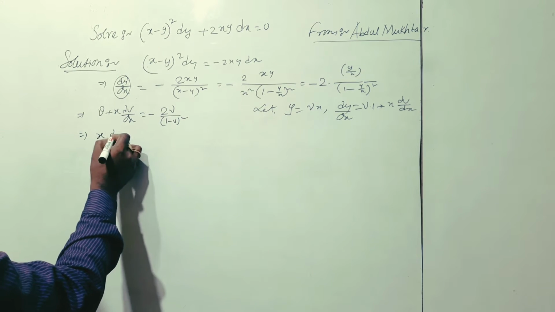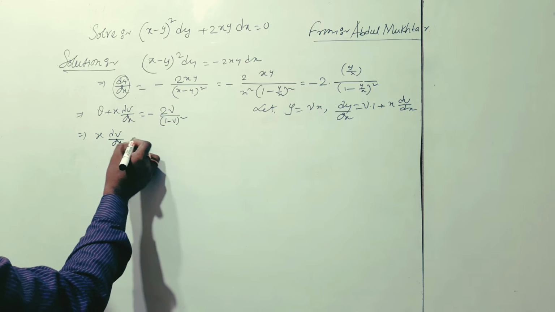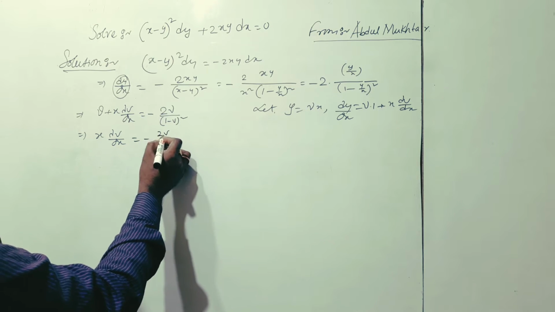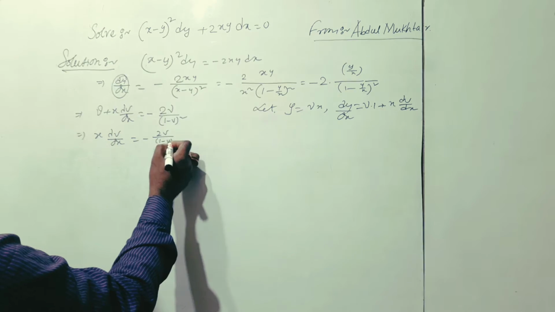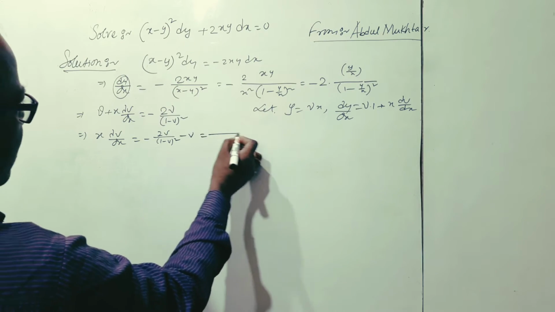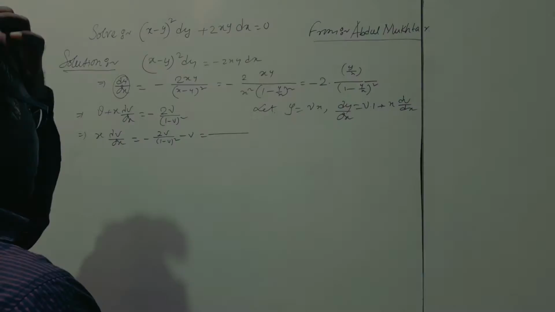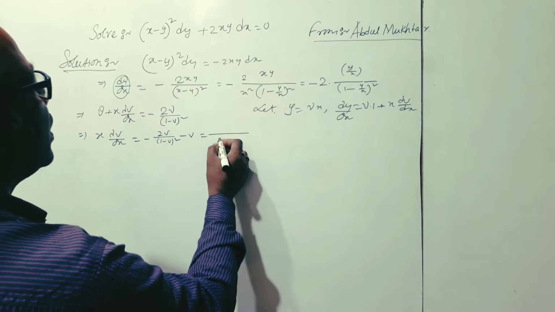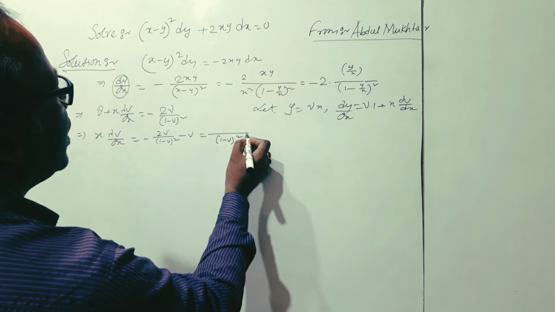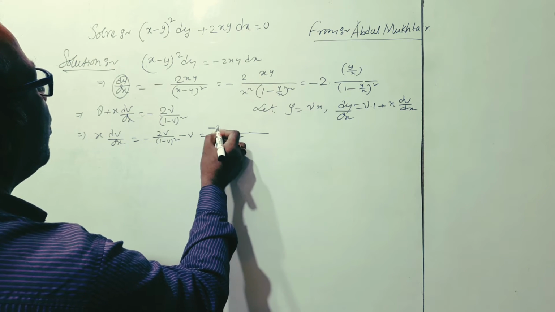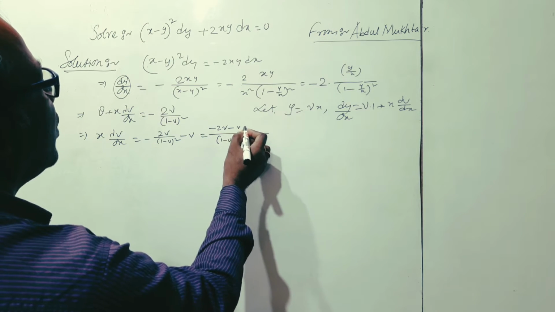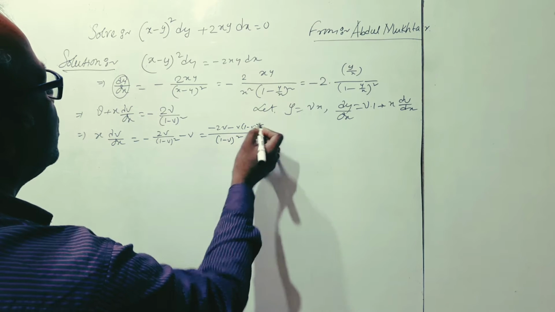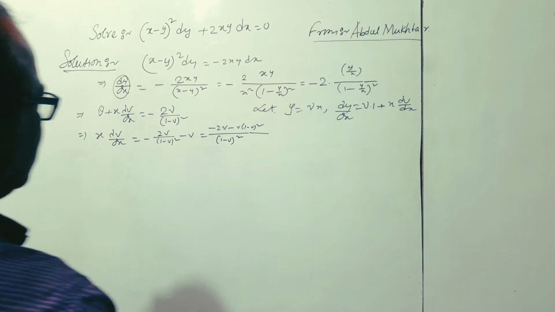So x dv by dx equals minus 2v over 1 minus v whole square minus v, where v is y by x, and 1 minus v whole square.